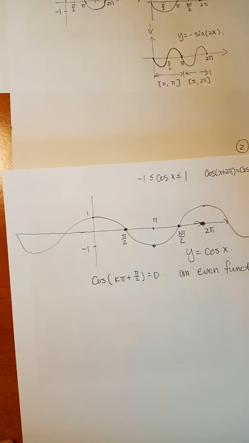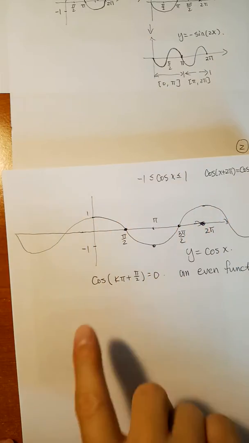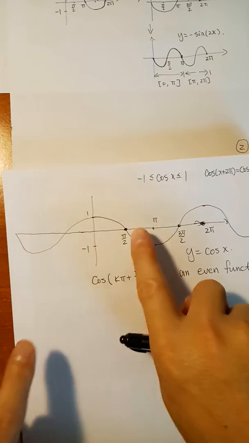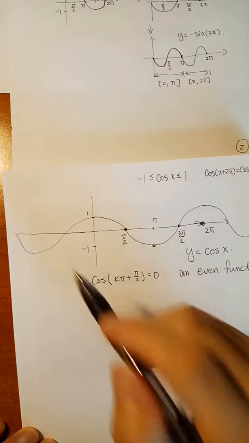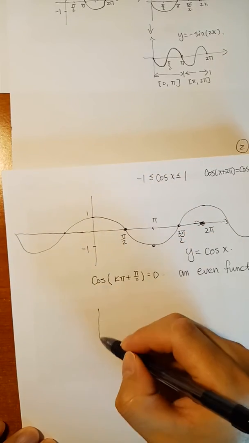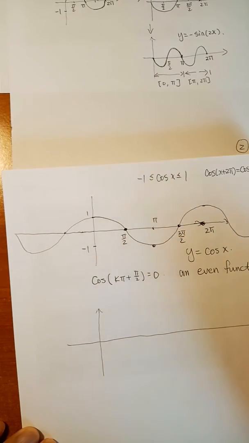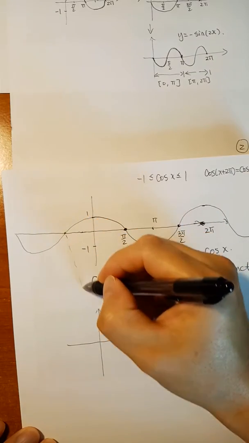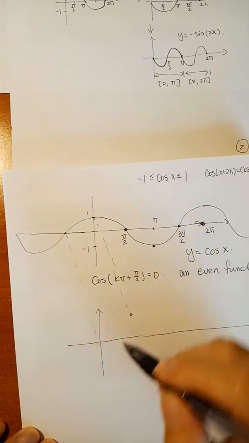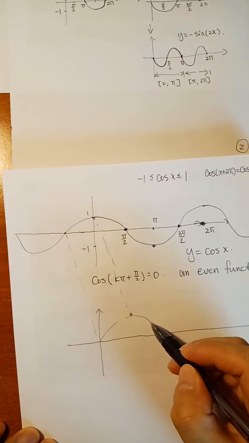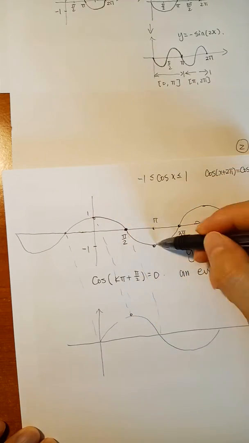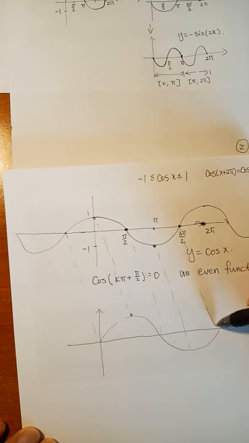Now we do some observation before we do any computation. If we shift this graph pi over 2 to the right, you move this point to this point, shifting it in parallel, here to here, and here to here.